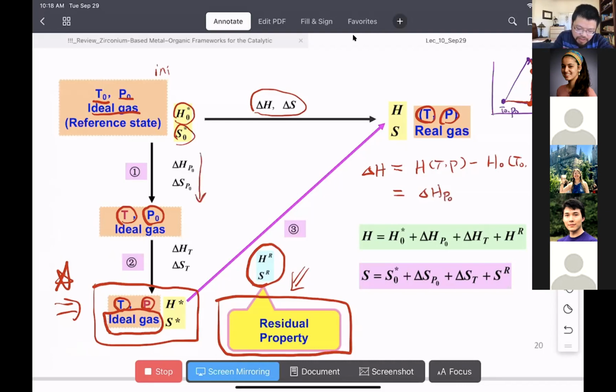We try to move the ideal gas to a higher temperature, but still ideal gas. And we try to move this to delta HT. Now we try to move the ideal gas to high pressure, but we still assume this is ideal gas. And now eventually I'm going to move the imaginary ideal gas behavior at TP to the real gas behavior. And that's the difference. We call this as HR. Are there residual properties in the appendix? We'll talk about that in a few minutes.